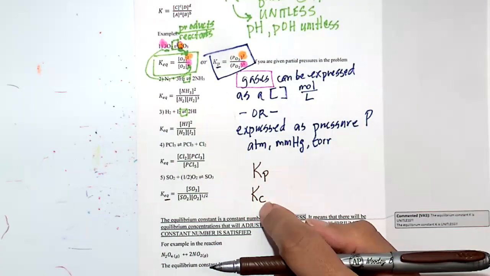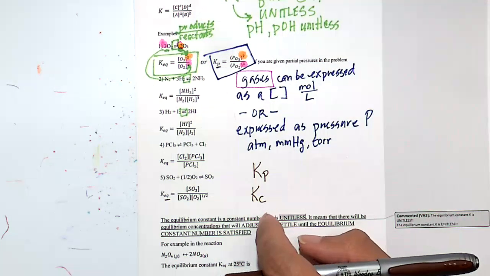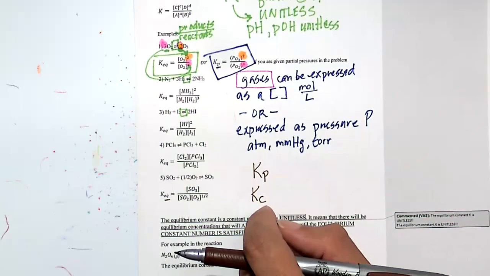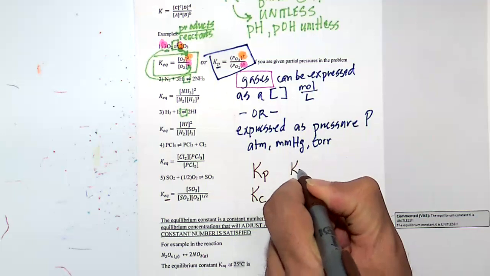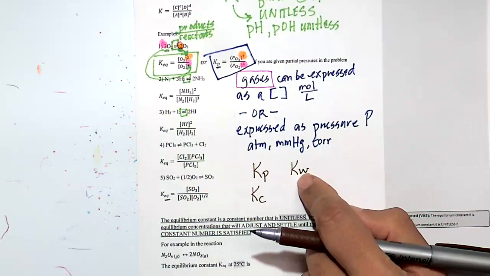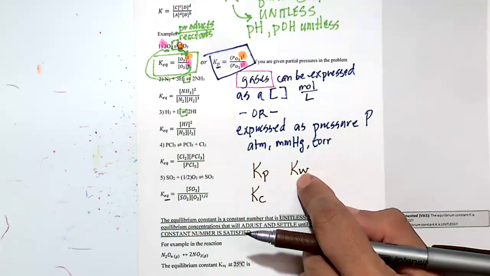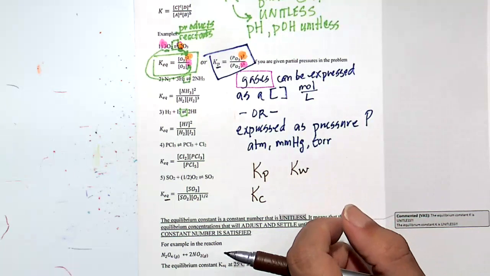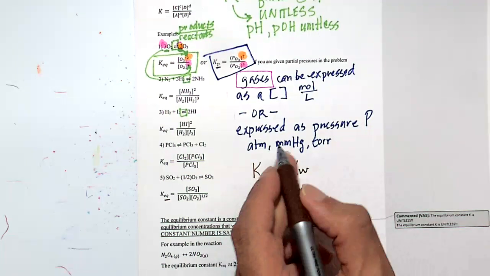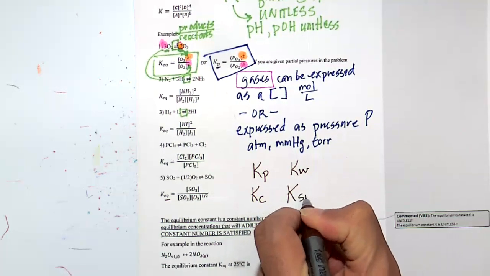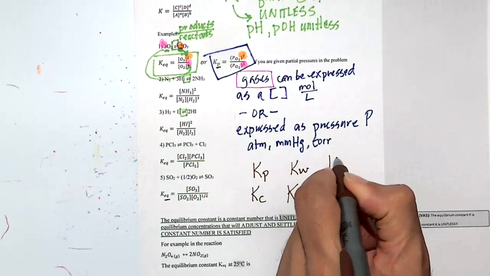What do you think C stands for? Concentration. So the equilibrium constant will be in concentrations. There's something called a KW, which is the equilibrium constant for water. So you're going to see a lot of subscripts in this course. It's the same equilibrium constant, products over reactants. There's something called KSP. There's something called KF.